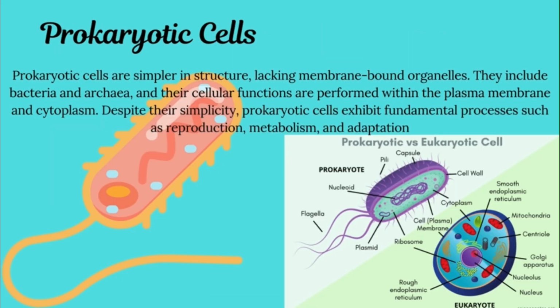Prokaryotic cells are simpler in structure, lacking membrane-bound organelles. They include bacteria and archaea, and their cellular functions are performed within the plasma membrane and cytoplasm. Despite their simplicity, prokaryotic cells exhibit fundamental processes such as reproduction, metabolism, and adaptation.